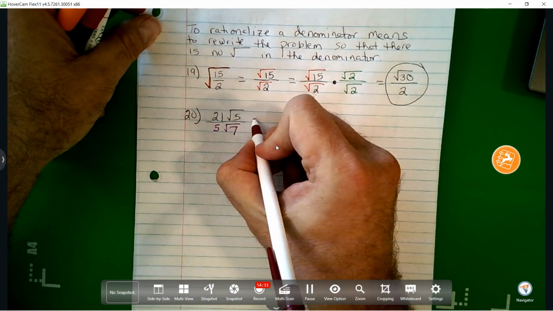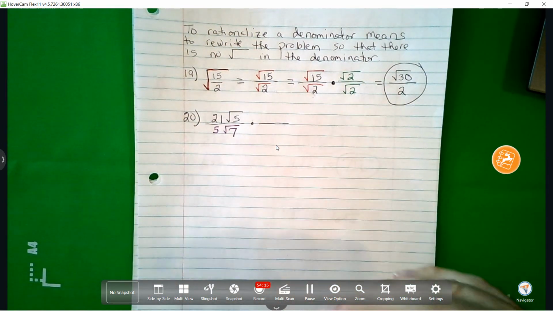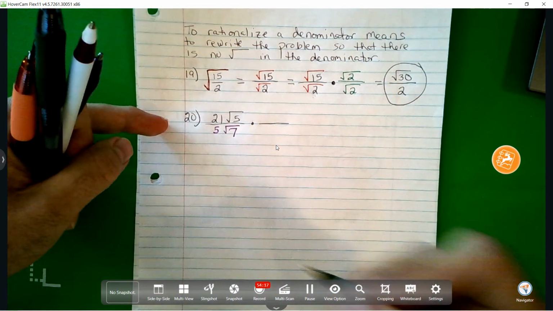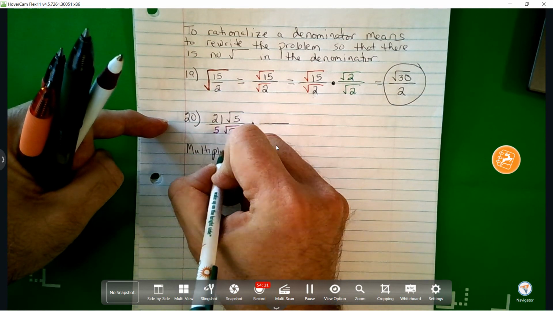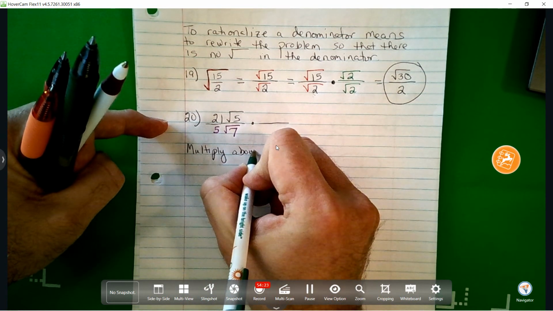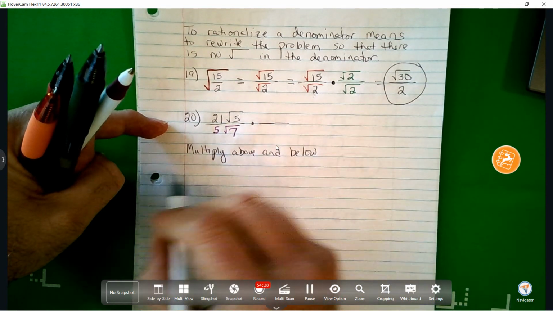You do that by multiplying above and below by the square root that's in the denominator. Let me write that out. Multiply above and below. So you're just multiplying by 1, which doesn't change anything.